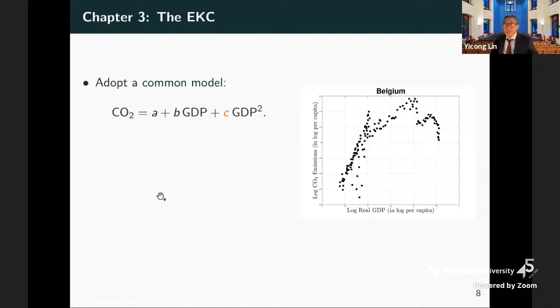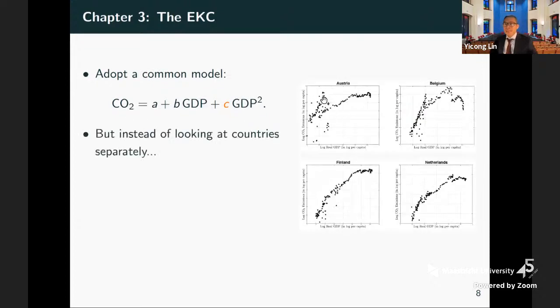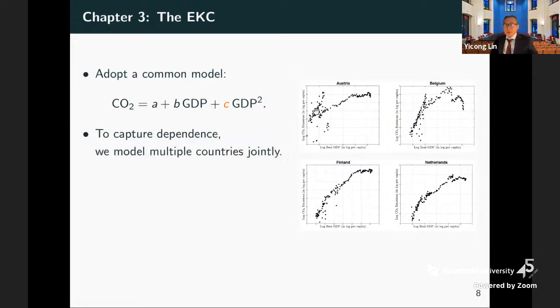In chapter 3, we adopt a commonly used model in the literature, which describes the carbon dioxide emissions as a quadratic function of GDP. But instead of looking at countries separately, to capture the underlying dependence over time and across countries, we model multiple countries jointly.